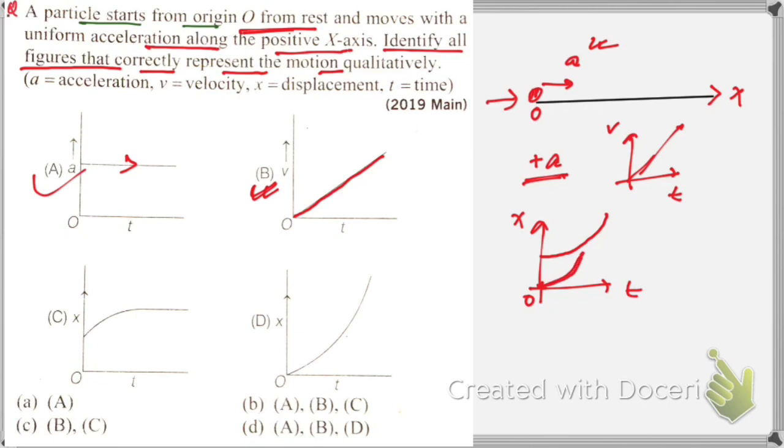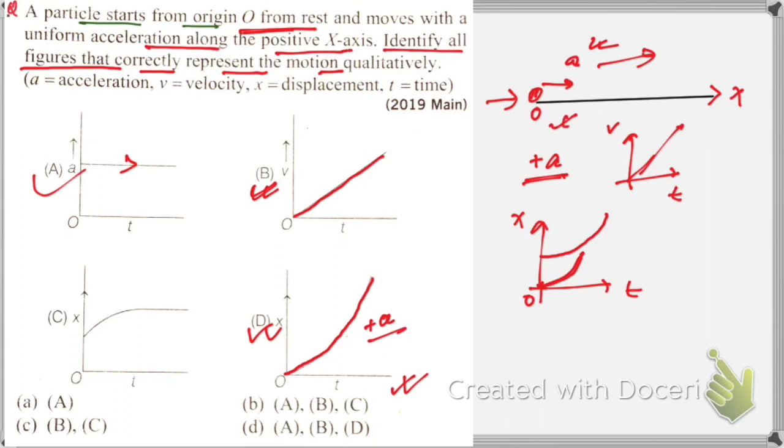So this graph is starting from origin. So this is for positive acceleration, right? And it is uniform acceleration. We have already discussed this kind of graph. So this graph is also representing this motion.